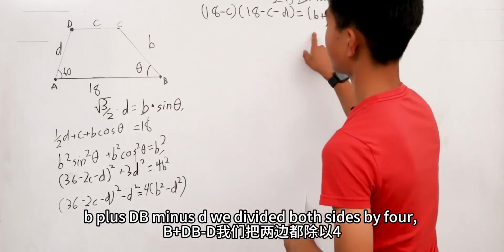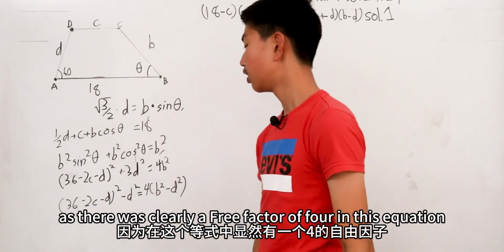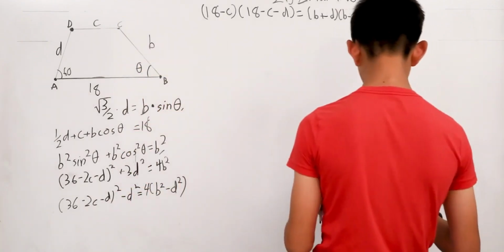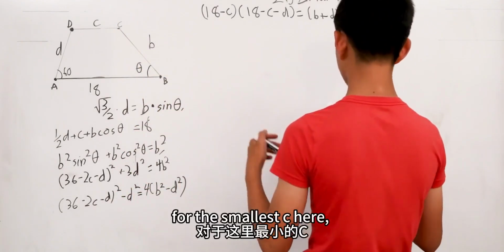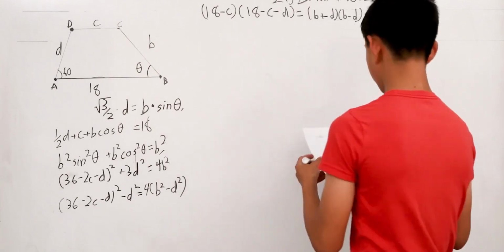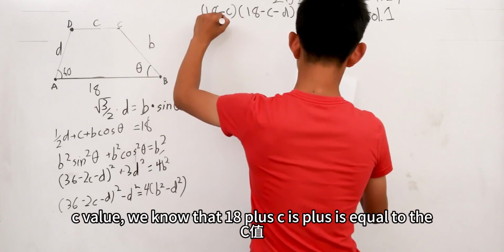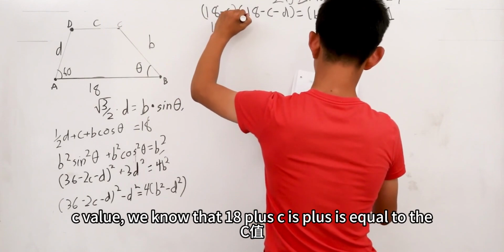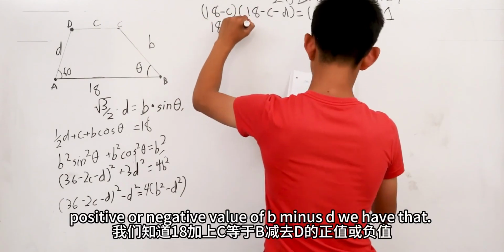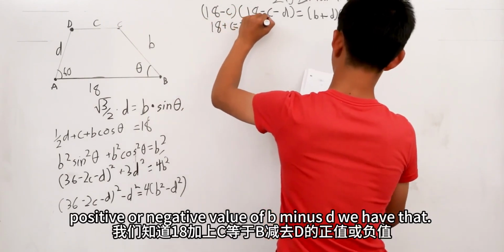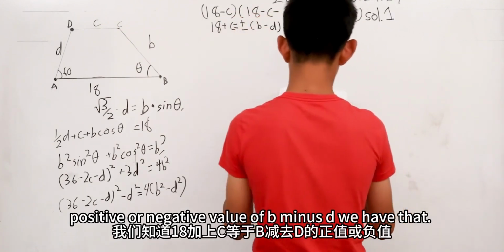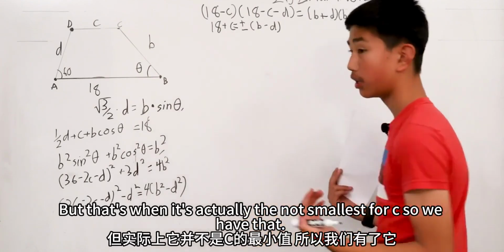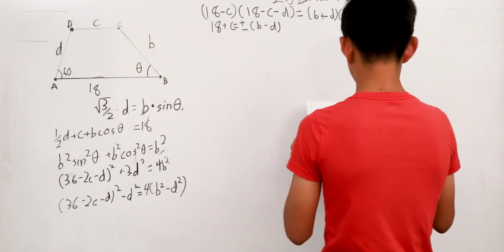And we divided both sides by 4, as there's clearly a free factor of 4 in this equation. Okay, so for the smallest c value, we know that 18 plus c is equal to the positive or negative value of b minus d. But that's when it's actually not the smallest for c. So we have that.